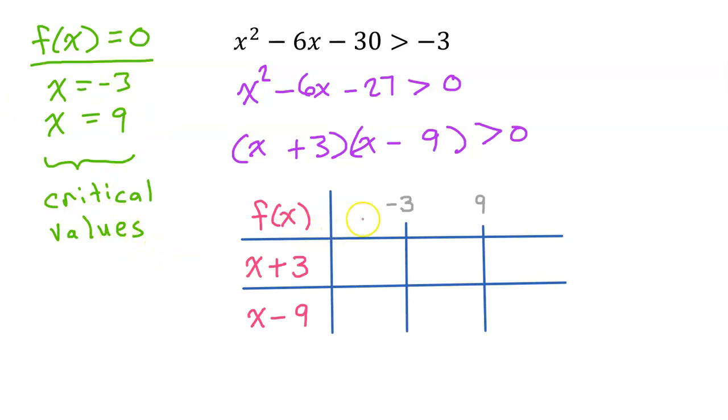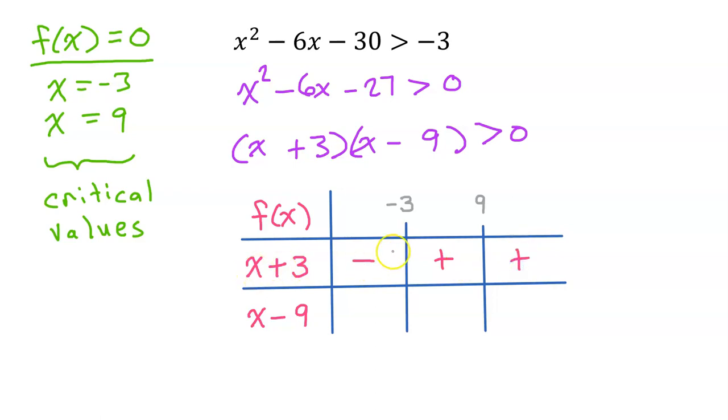To make the sign chart, put your critical values on a number line across the top. Next, you will need a row for each factor of f of x. Finally, we need to decide whether these factors are positive or negative in each interval. Let's start with x plus 3. X plus 3 is equal to 0 right at negative 3. This factor will be negative to the left of negative 3 and positive to the right.